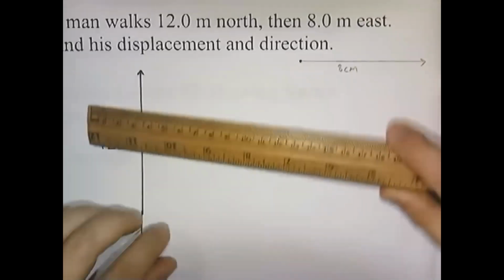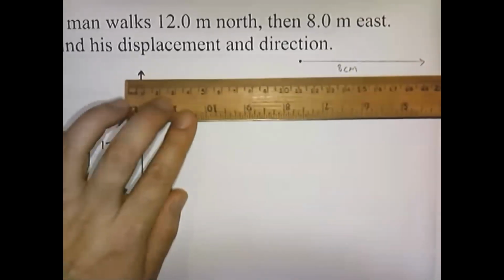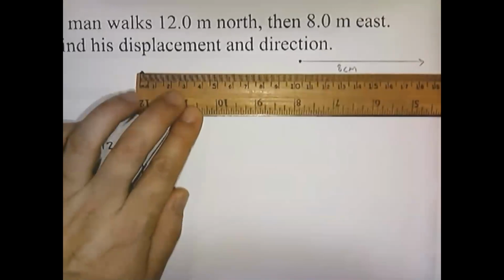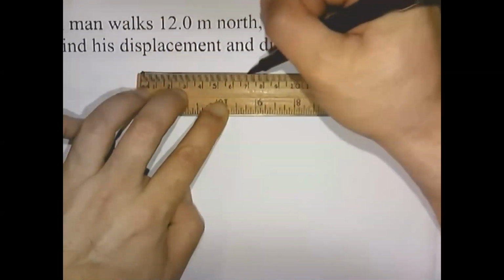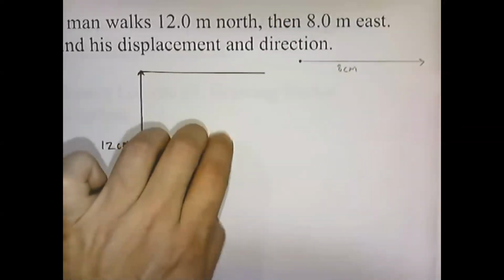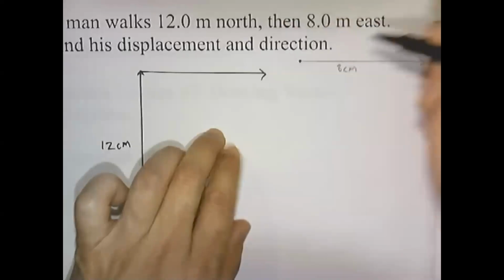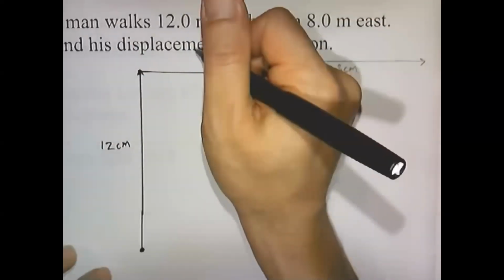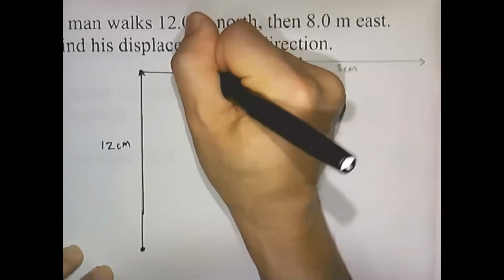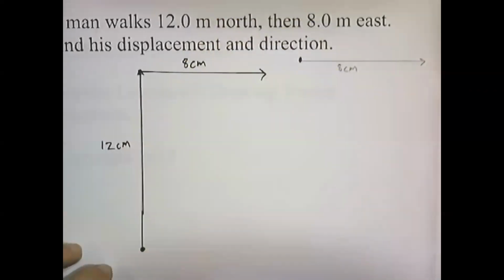So this is 8 centimeters, like that. And then we're going to draw a line from the tail of the first vector to the head of the second vector.